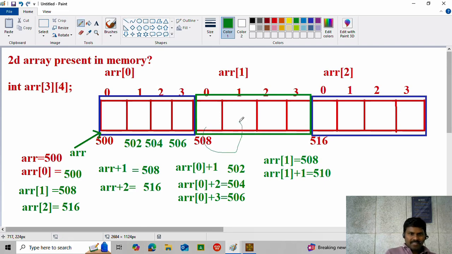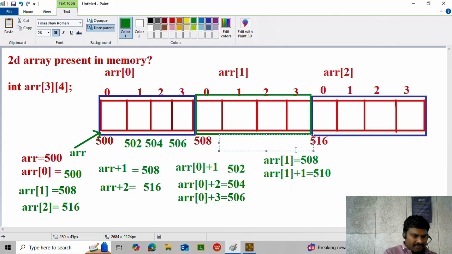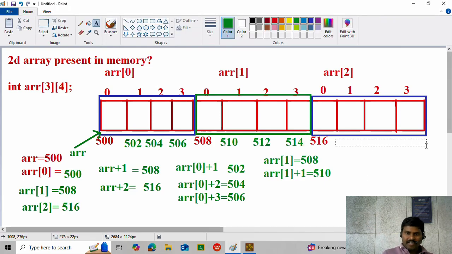Incrementing plus 2, it points to this address, plus 3, this address. So this value is 510, 512, 514, 516.